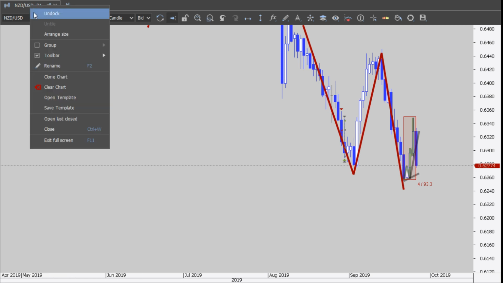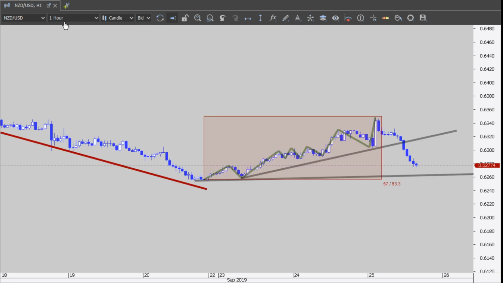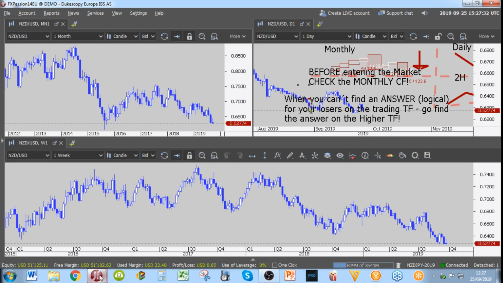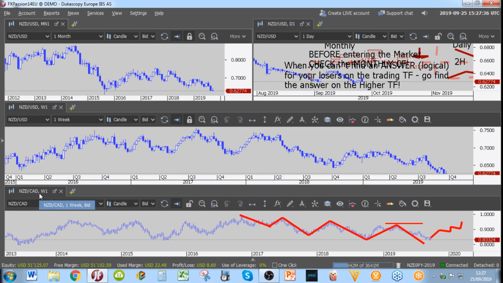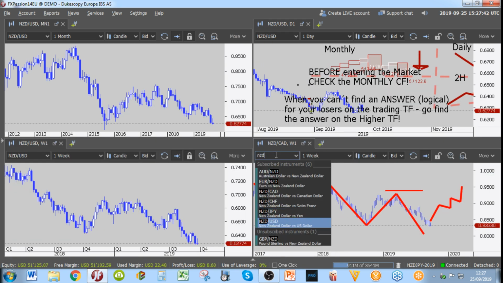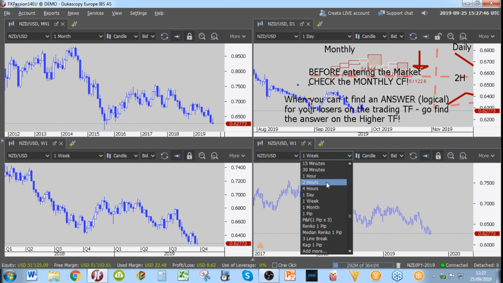And let's go back on the 1-hour chart. This is the 1-hour chart. Where is it? 1-hour chart, not this one. This is the daily. Okay, there you go. NZDUSD, 2-hour chart, 1-hour chart.